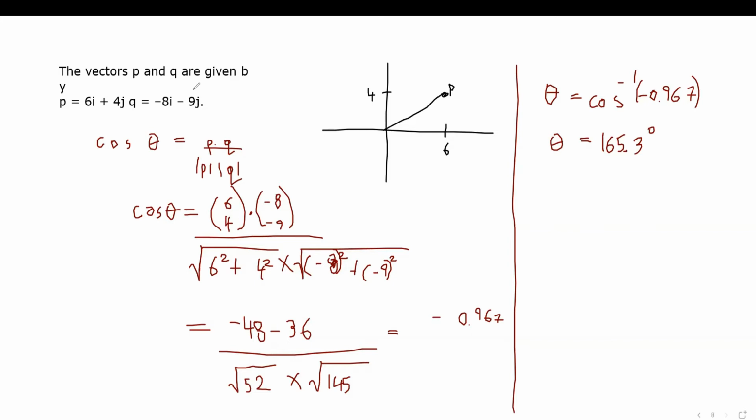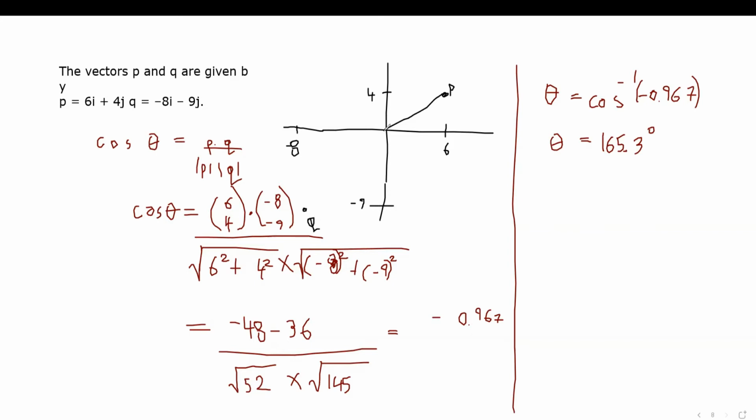Then Q is minus 8, minus 9. Minus 9 is somewhere down here, so this would be Q somewhere right here. So look at that.